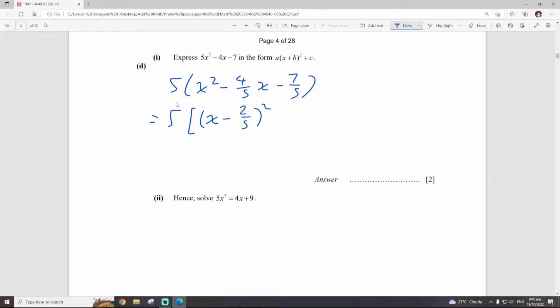Okay, and then we need to subtract the 2 over 5 squared, which is 4 over 25, and then the 7 over 5 as well, which is 35 over 25, so you should get 39 over 25, so minus 39 over 25. And then expand this: 5 times x minus 2 over 5 squared minus 39 over 5. Okay.